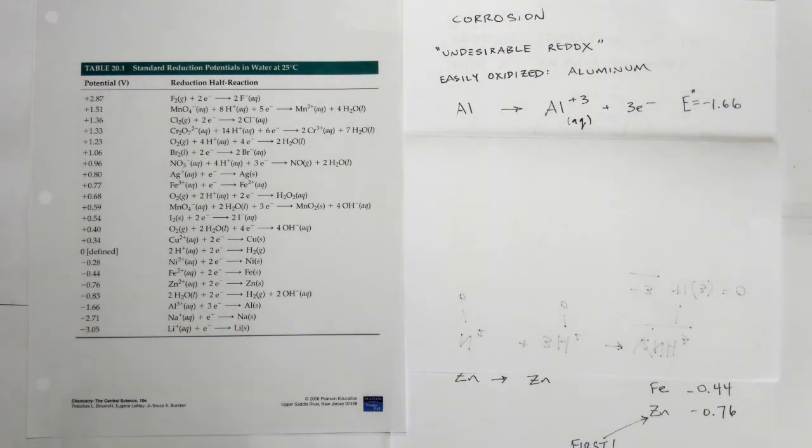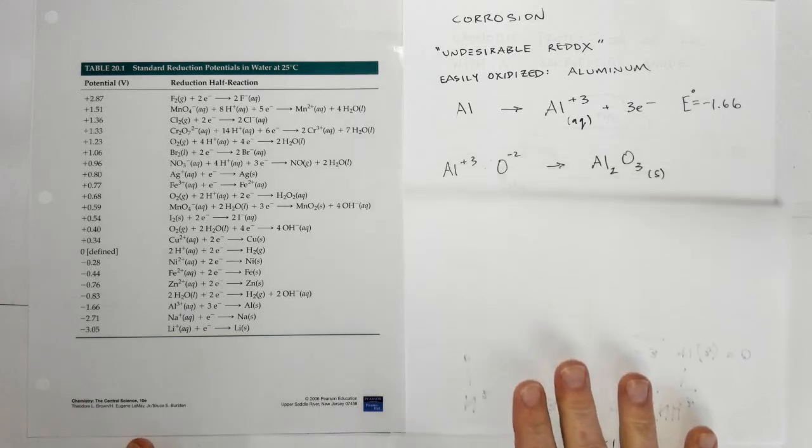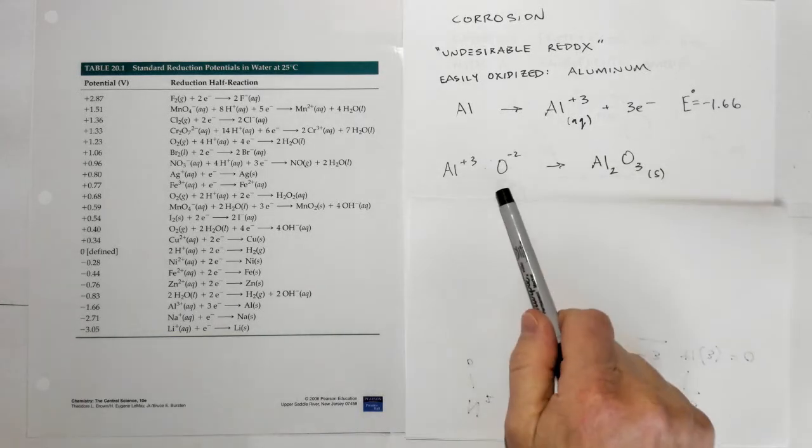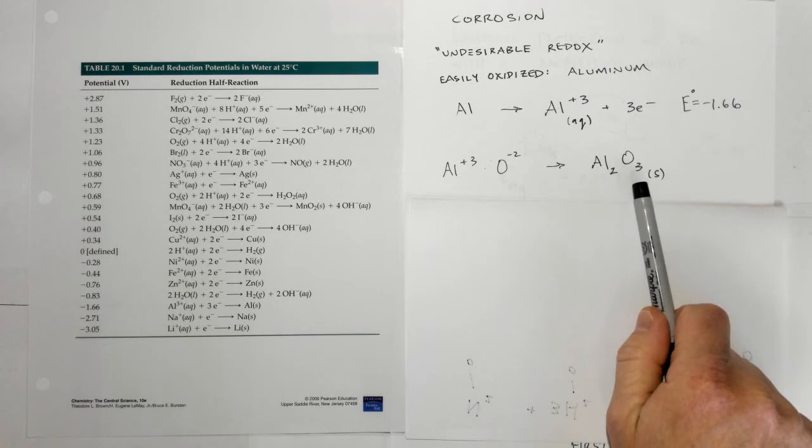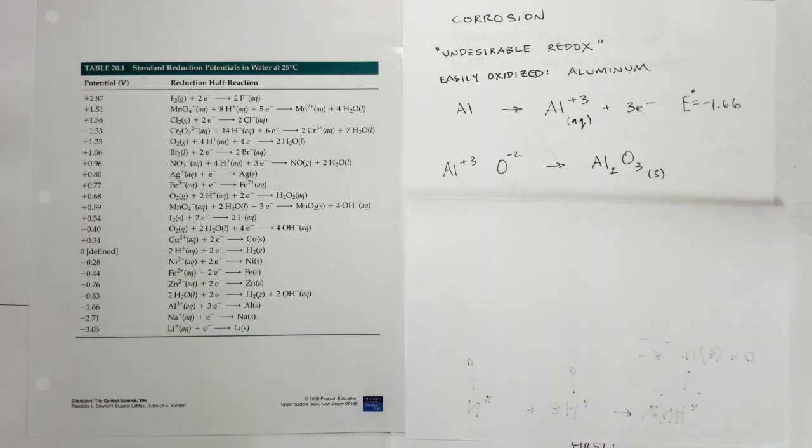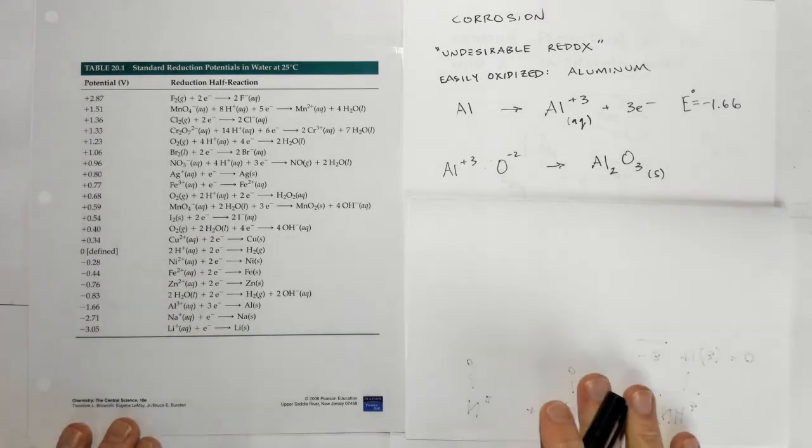And technically it does. But aluminum then combines with oxygen to form aluminum oxide, and this provides a protective coating around all aluminum structures so it doesn't dissolve. It actually has a special coating called aluminum oxide around it that just naturally forms.